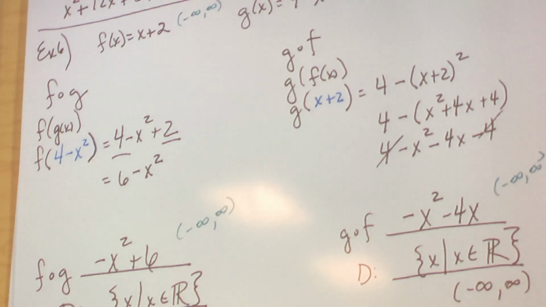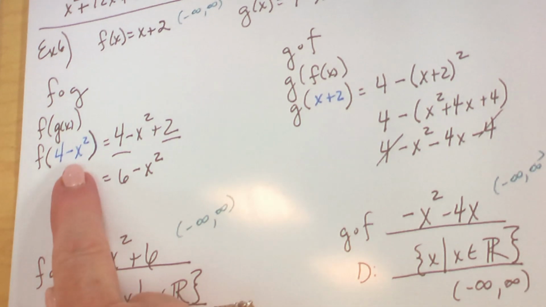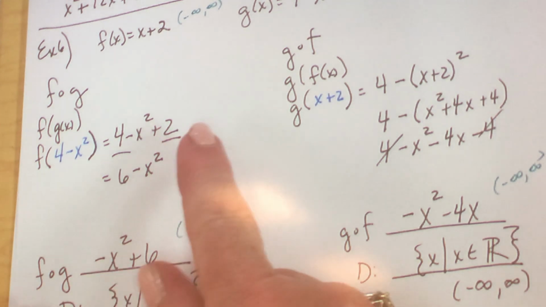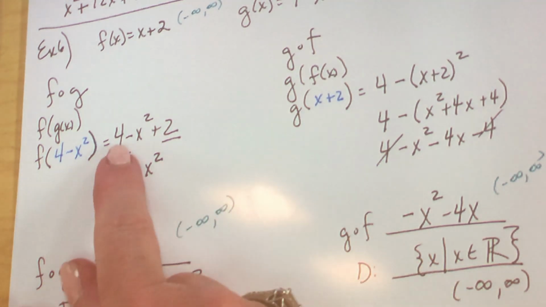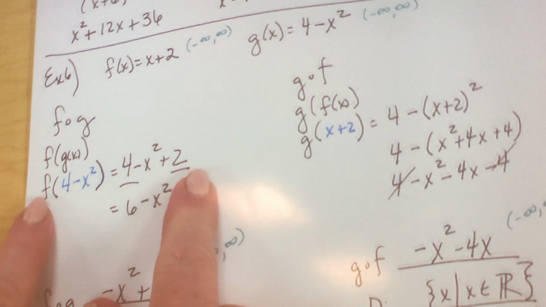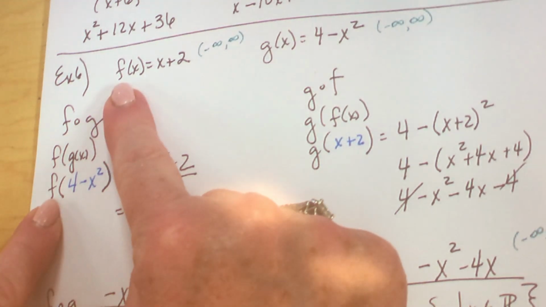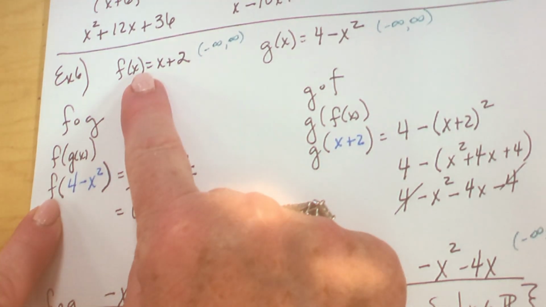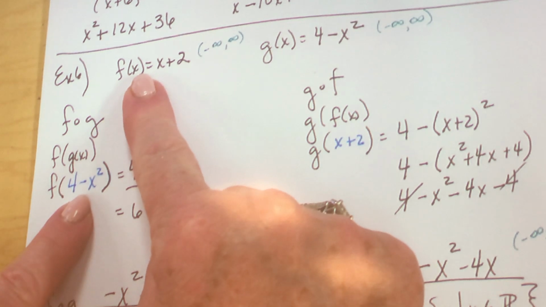I'm still not quite understanding. I understand you're putting in the g of x, but where are you getting the stuff on the other side of the equal sign? Okay, this function, so there's the f function. In place of every x, I put 4 minus x squared.